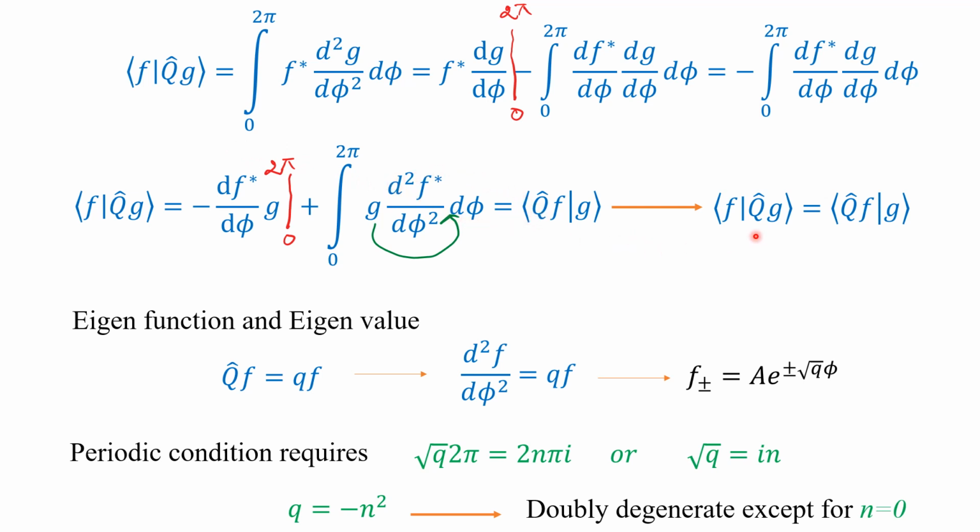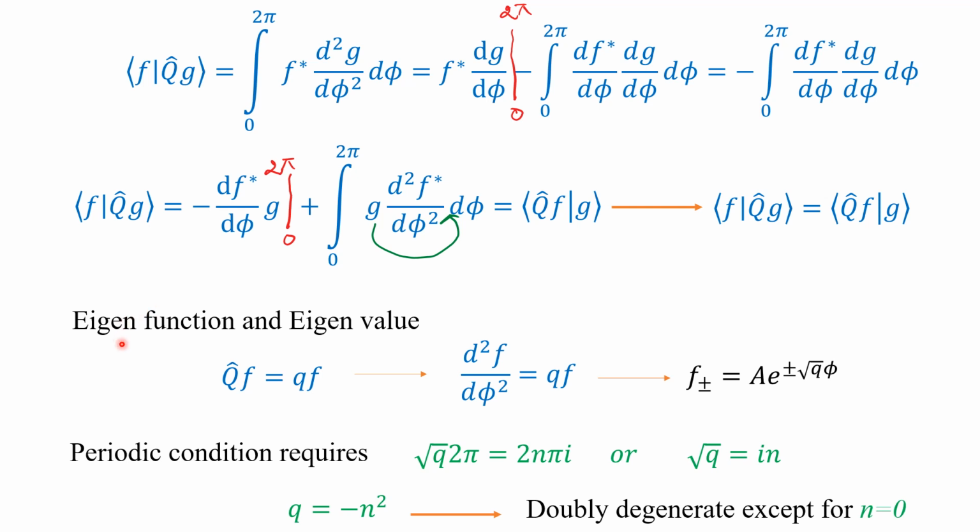So we have confirmed the Hermiticity. That is, the inner product of f with Q g is equal to the inner product of Q f with g. So we have proved the Hermiticity.